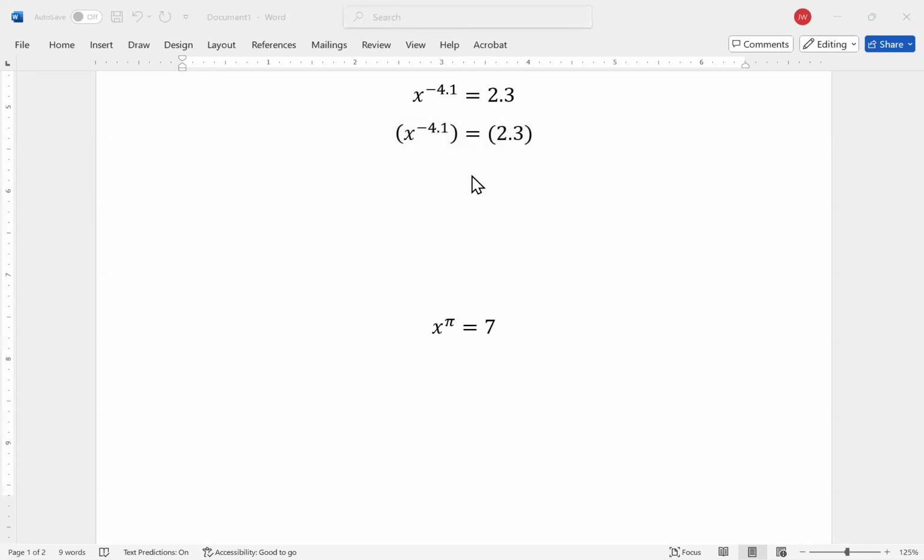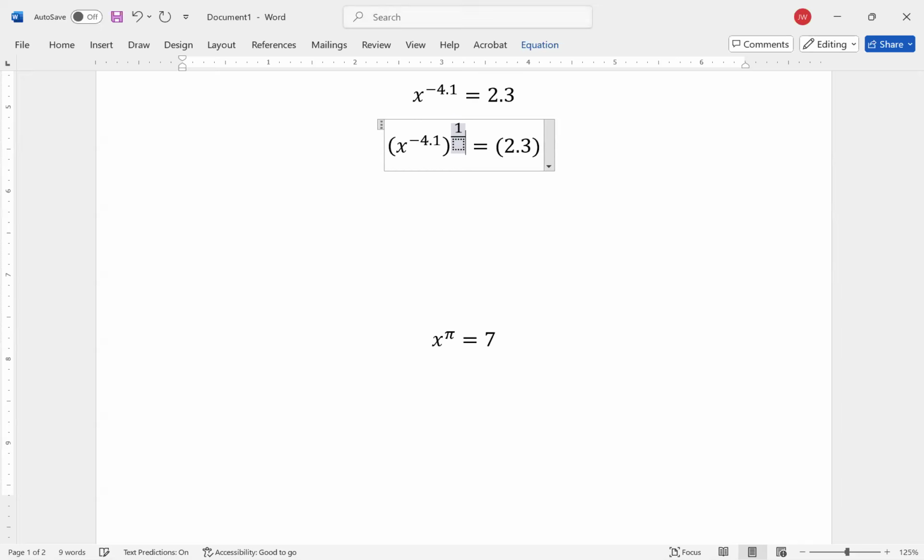All right, so let's go ahead and do this. Now, there's actually a couple of different ways you can do this problem here. You could use the negative exponent to indicate reciprocals first if you wanted to, or you could do it this way. I'm going to take both sides and I'm going to raise both sides to the power 1 over negative 4.1. So I'm going to raise to a really kind of awkward power, 1 over negative 4.1.